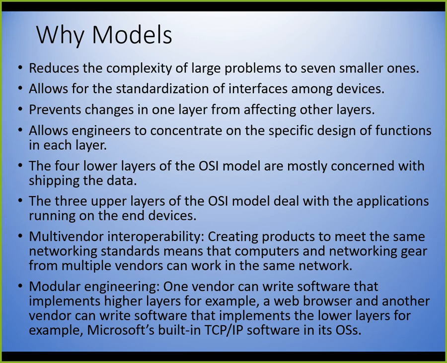Multi-vendor interoperability, I kind of alluded to that a little bit earlier. Products that meet the same networking standards are going to be able to communicate with each other. And then modular engineering. One vendor can write software that implements higher layers, for example a web browser, and another can write software that implements lower layers, like the TCP/IP software that's built into Microsoft, built into Linux also.